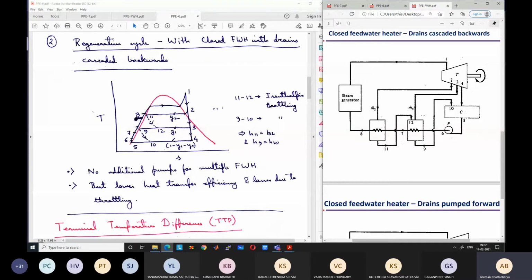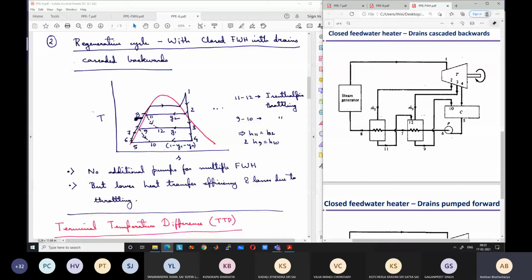Throttling is an isenthalpic process, meaning the enthalpy remains constant. So constant enthalpy lines look like this. And because it's a throttling process, it's a highly irreversible process, so we are showing it by dashed lines. So from 9 to 10, it's an isenthalpic process. H9 is equal to H10.